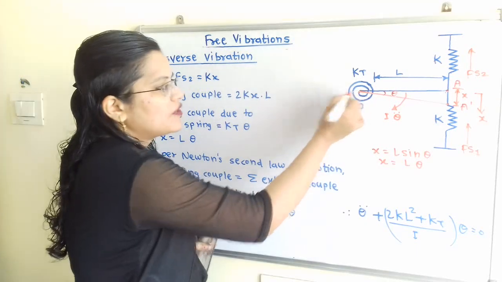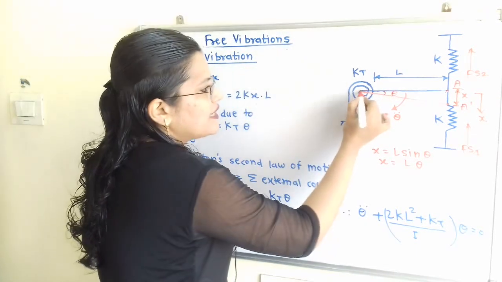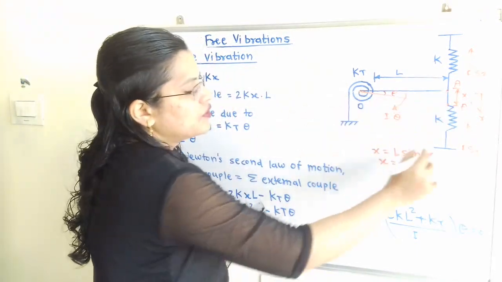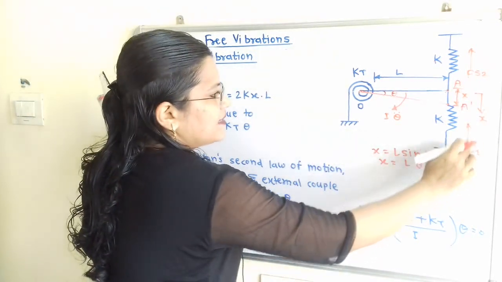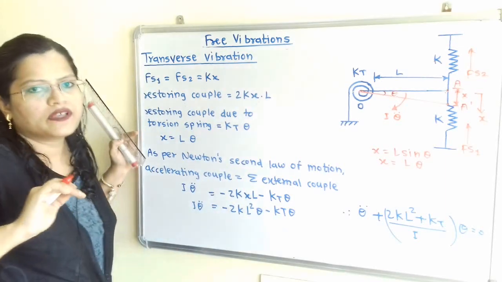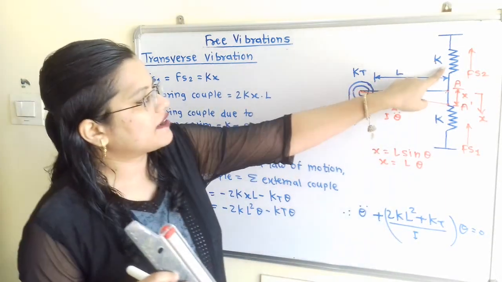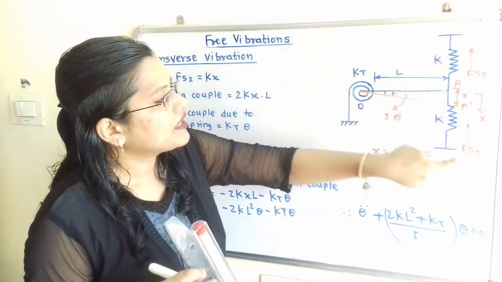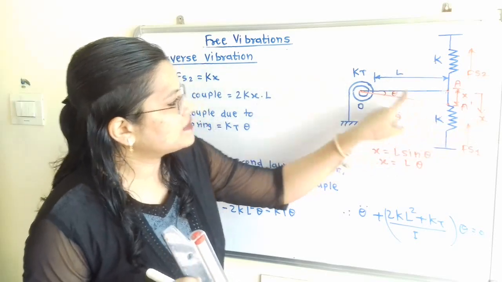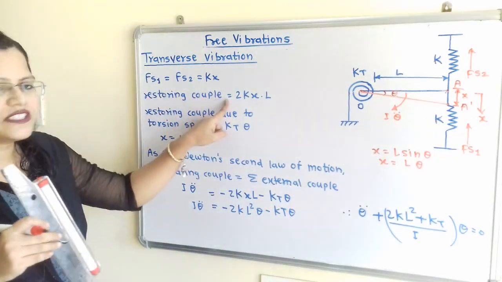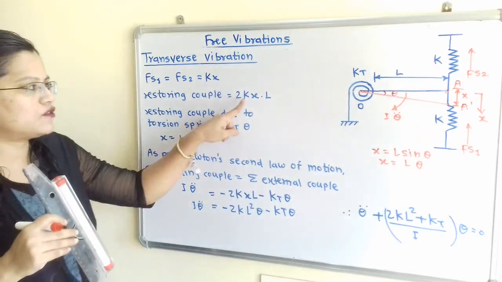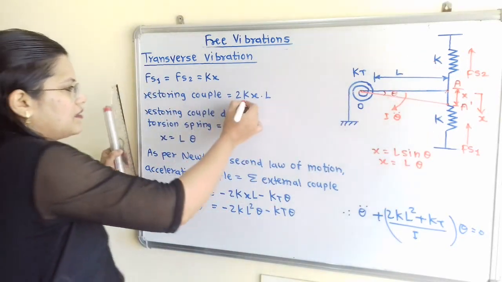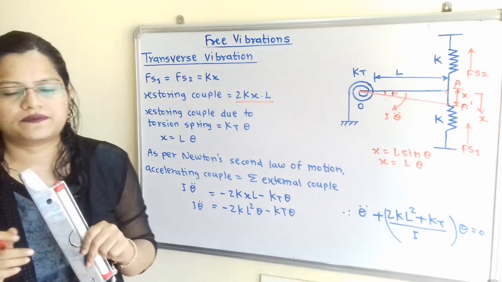This point O is the pivoted point, so we multiply by L. So the restoring couple is K into x into L. For the second spring also we get the same restoring couple, K into x into L. So the total restoring couple due to these two linear springs is 2 times K into x into L. So this is important.